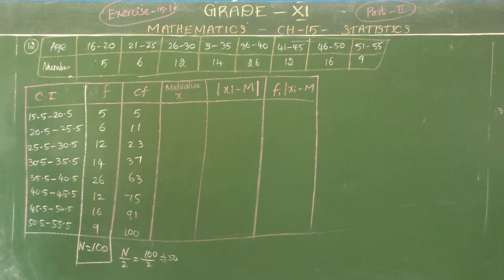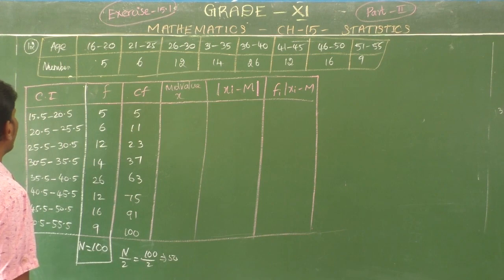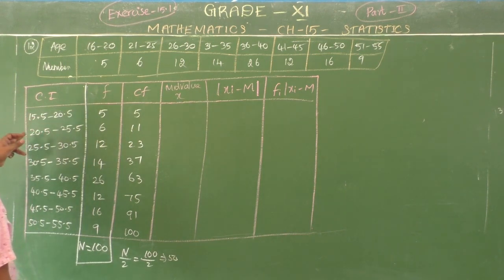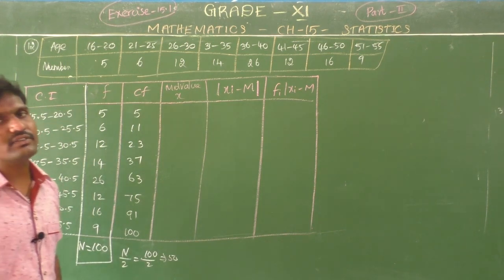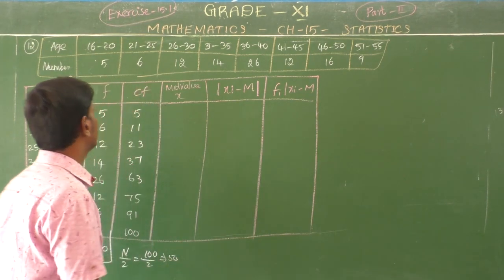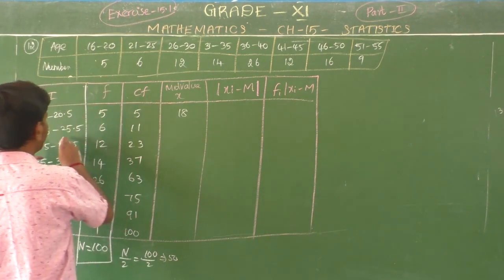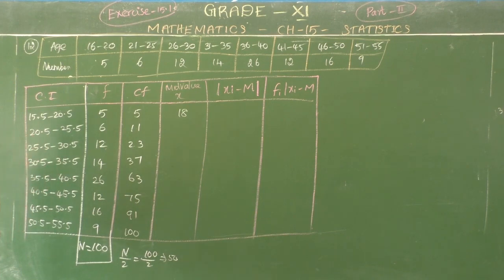Now the mid values are very simple. 15.5 to 20.5: 15.5 plus 20.5 is 36, divided by 2 is 18. Then 25.5 plus 20.5 is 46, half of it is 23.